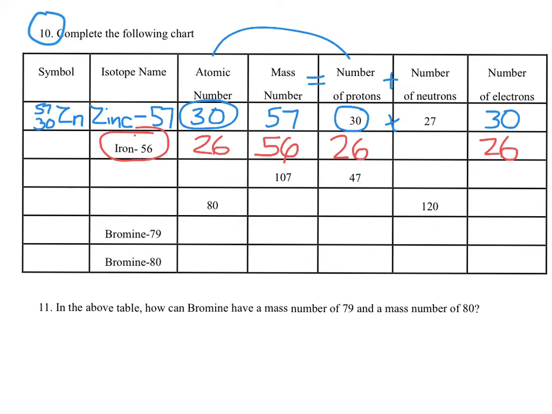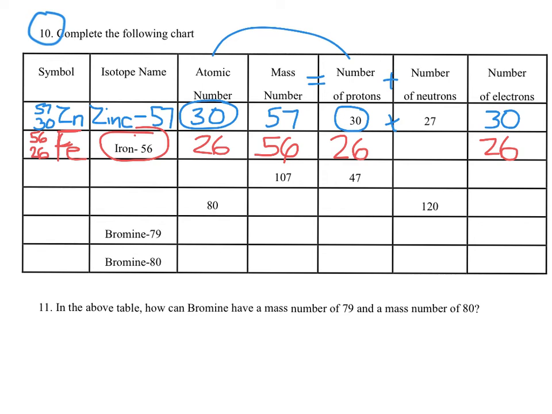Now, for the symbol, iron on the periodic table is Fe, so I'm going to use that. And I know that my mass number is 56 on top, and the atomic number on the bottom is 26. So that's how I'll write my iron, Fe, 56 over 26.